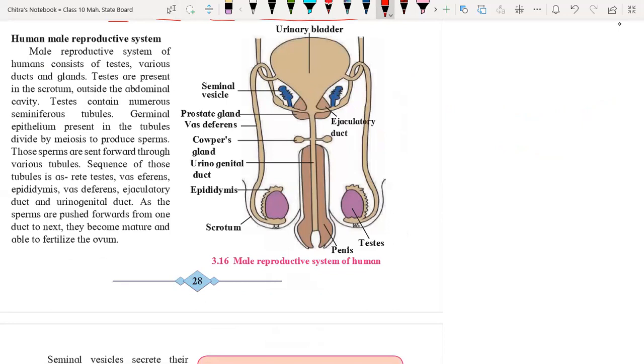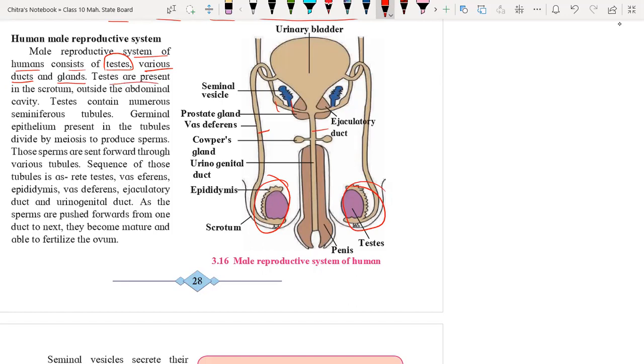The male reproductive system of humans consists of the testes, a pair of testes as we have over here, various ducts, which are nothing but ducts to transport the secretory material, and different glands, so that the secretory material can be passed through the ducts toward the egg cell in order to fertilize it.